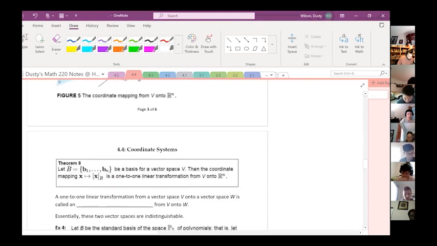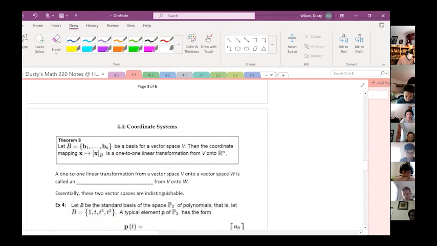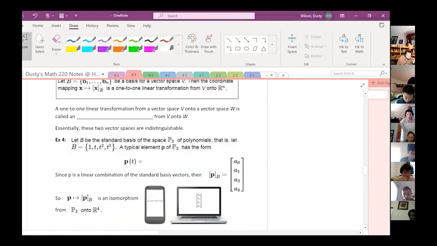If you look at example 4, it says let B be the standard basis for the space P3 of polynomials. That is, B equals 1, t, t squared, t cubed. So we're starting in this world of P3.